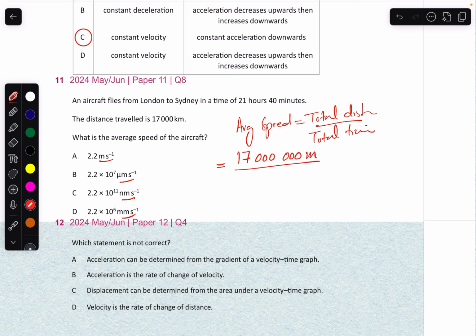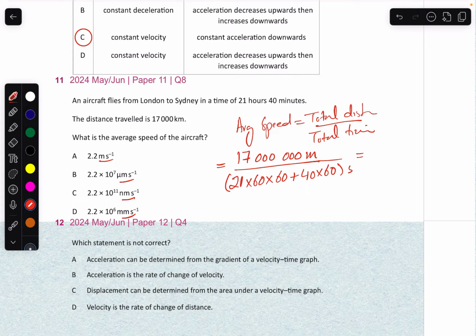For the total time, 21 hours 40 minutes, first I have to change it into seconds. So 21 hours means in 1 hour there are 60 minutes, and in 1 minute there are 60 seconds, plus 40 minutes multiplied by 60, and the total will be in seconds. Let me calculate.